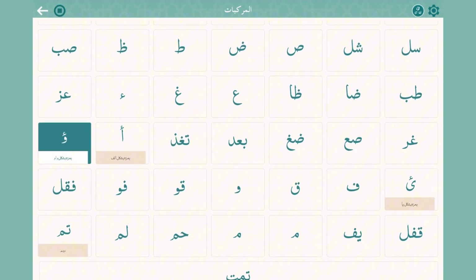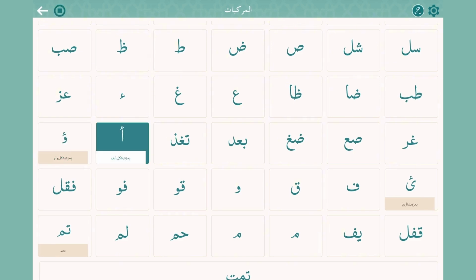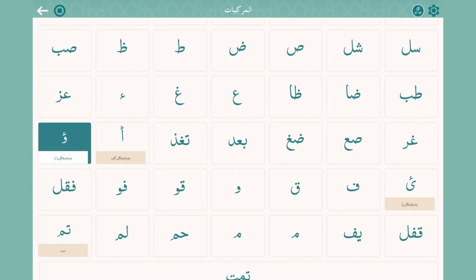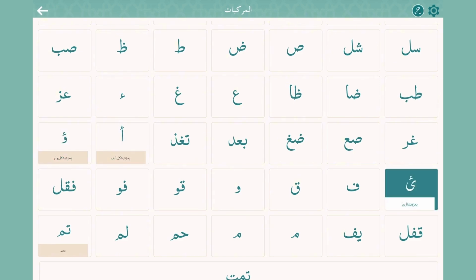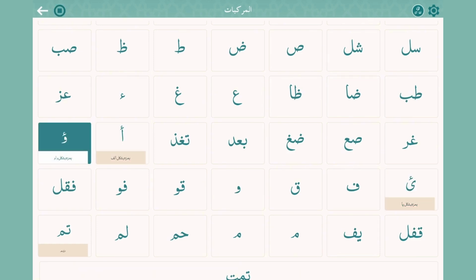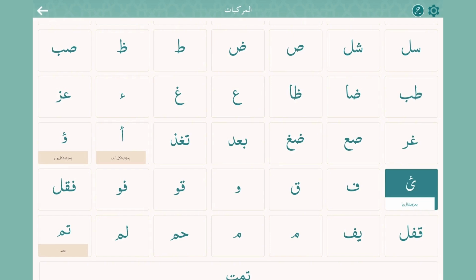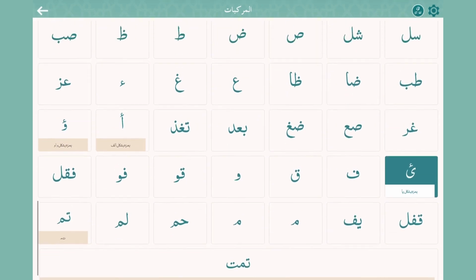Now, one thing which I also need to point out, on these three letters, Hamza, Hamza, Hamza, we read it Hamza. This is how my mom explains it: you see the letters underneath, the alif, waw, and ya. On top of them, there's a baby Hamza, which we should know.